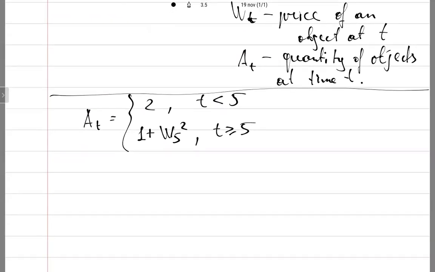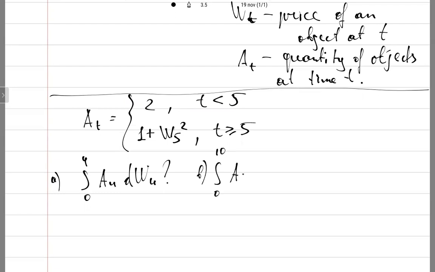My question is: calculate the integral from 0 to 4 of A_u dW_u, then part b, the integral from 0 to 10 of A_u dW_u, and then calculate the general case from 0 to t of A_u dW_u. Okay, let's go.